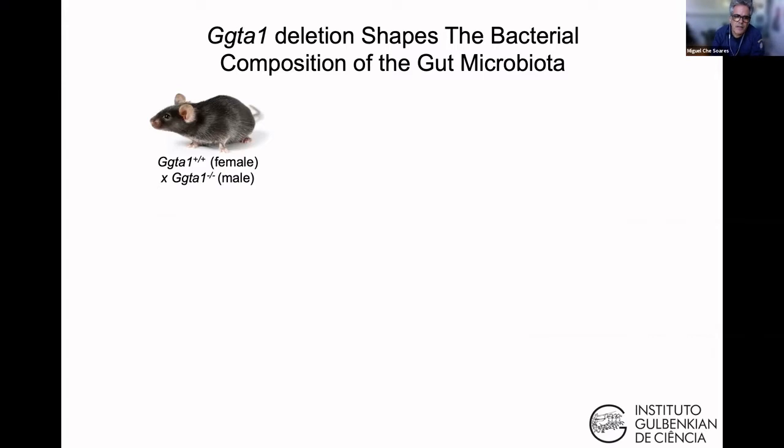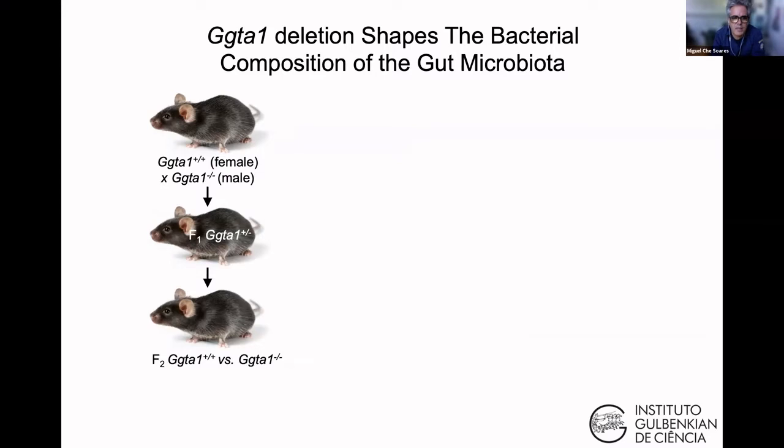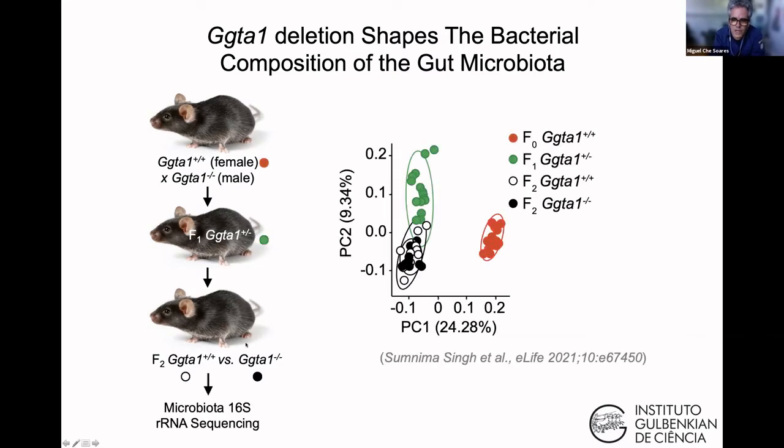So what we did here is to cross the two genotypes such that they inherit the microbiota from the females. So we get heterozygotes in F1, and then we segregate the genotypes again, but now they all carry the female microbiota that came from a GGTA1 plus/plus. So now here we have the two genotypes carrying the same microbiota. We checked for that. So this was the F0 here. This is the F1, and this is actually the F2.